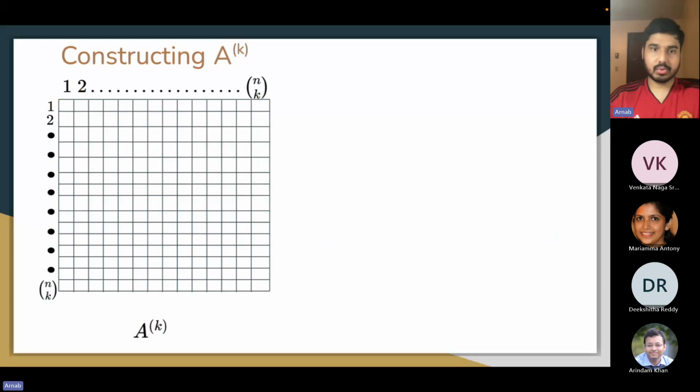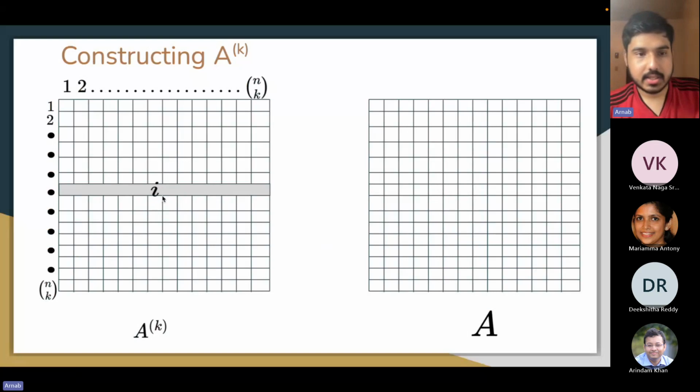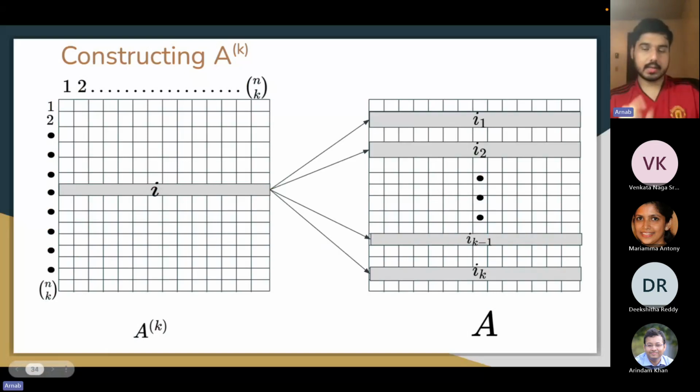So let me present the way to construct this higher dimensional matrix. It will have n choose k number of rows and n choose k number of columns. So let's label them from 1 up to n choose k. Same goes for the columns. And say this is the original matrix A that we are concerned with. Now, each row index in this higher dimensional matrix AK is mapped to a unique set of row indices of size k.